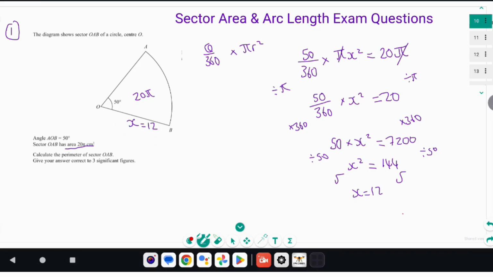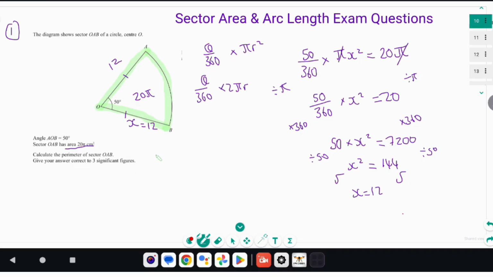Now I can find the perimeter of OAB. The perimeter of OAB, distance around the outside. That distance is 12 centimetres here. So we have also 12 centimetres here. So I just need the arc length, which is theta over 360 times 2 pi r.